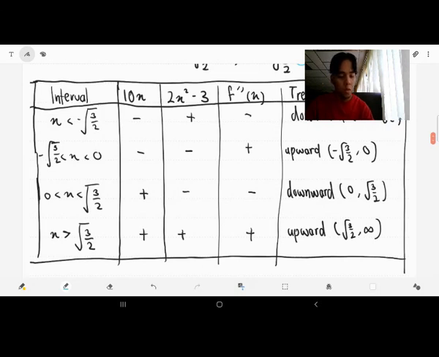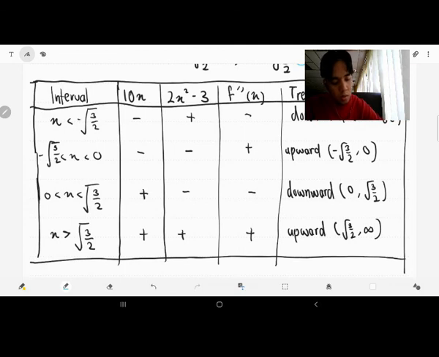So we can do the same interval test like the previous one to find the concavity. We put 10x(2x^2 - 3), f double prime x, and the trend.